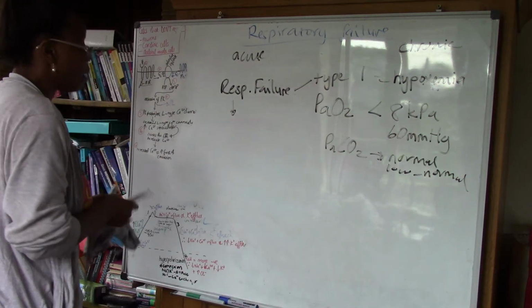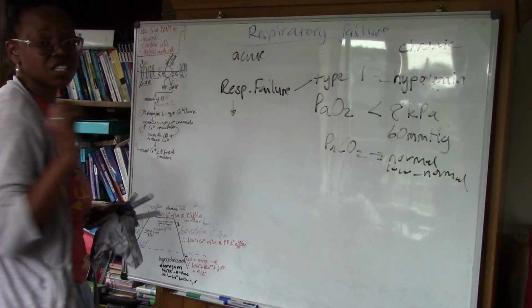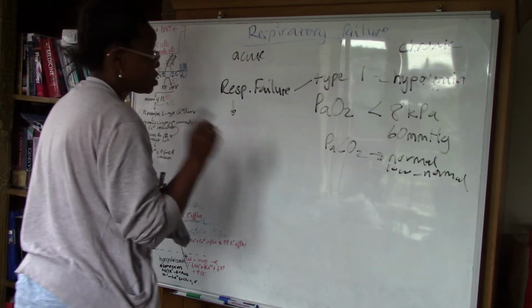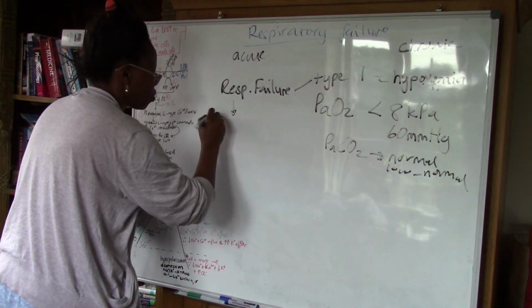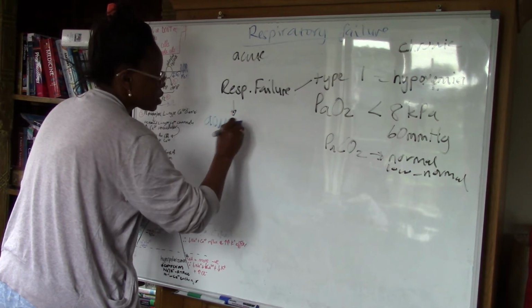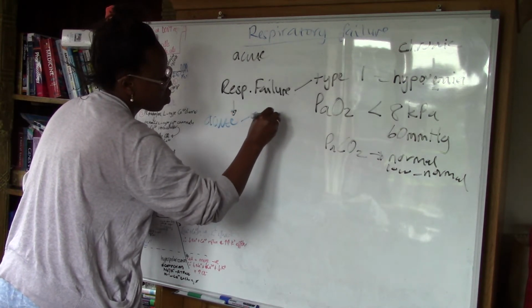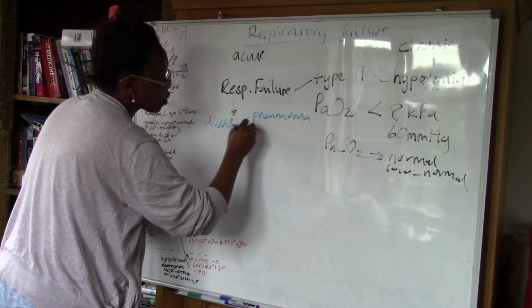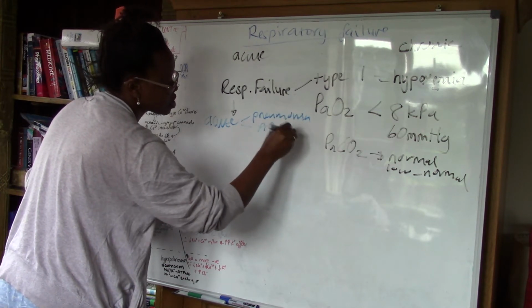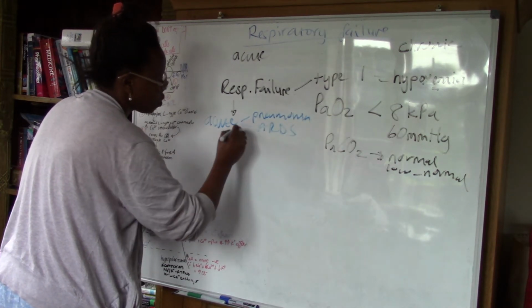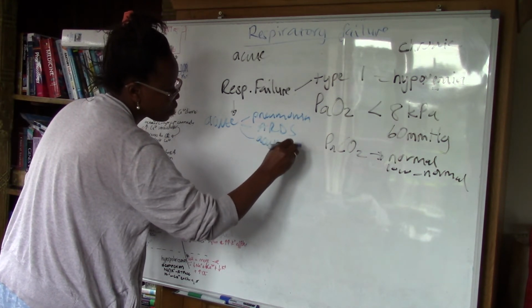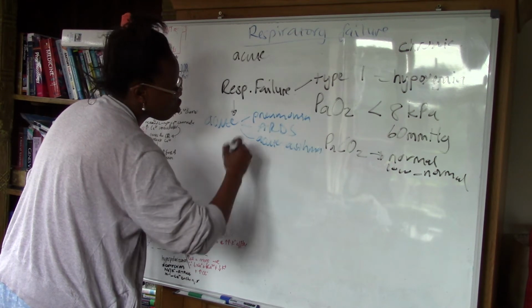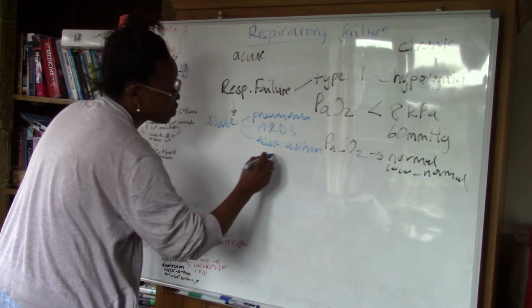underlying pathology in type 1 respiratory failure is the hypoxemia. And in terms of conditions that lead to type 1 respiratory failure, they are all the acute pathologies. For example, pneumonia will cause acute respiratory distress syndrome in children, will cause acute exacerbation of asthma or COPD, will cause type 1 respiratory failure.